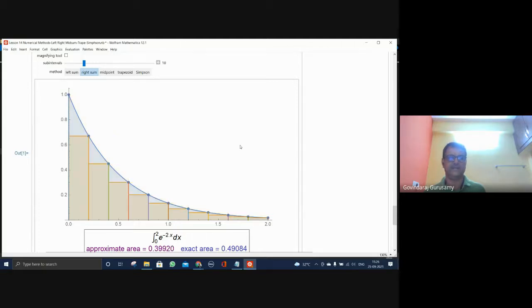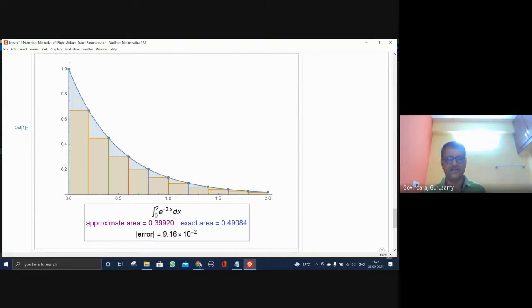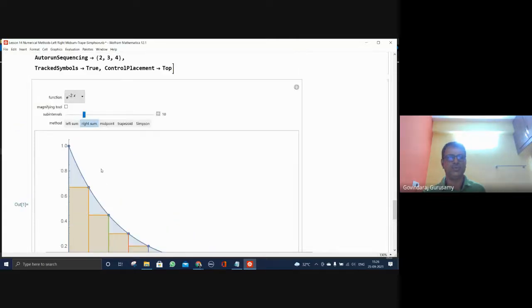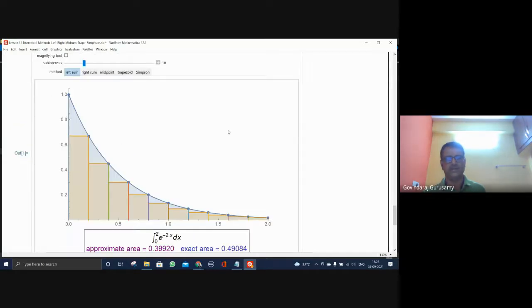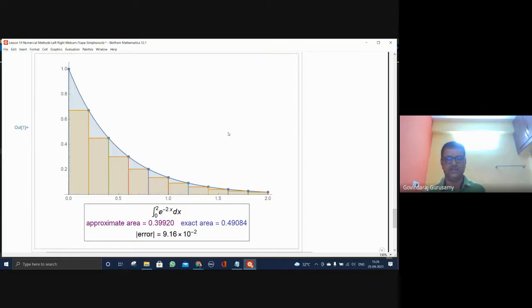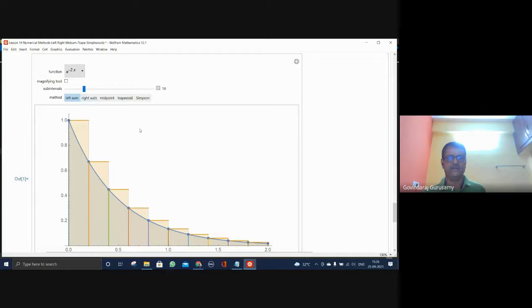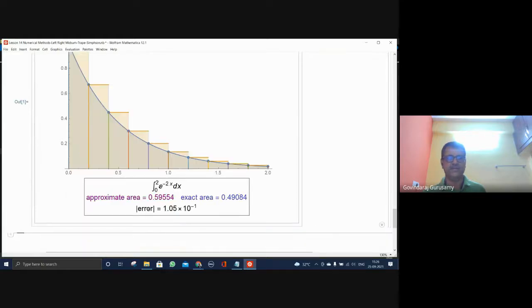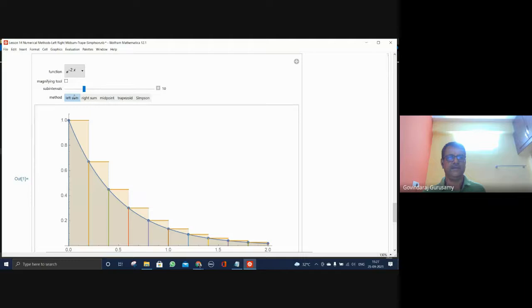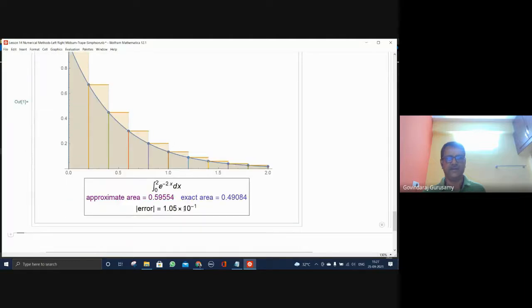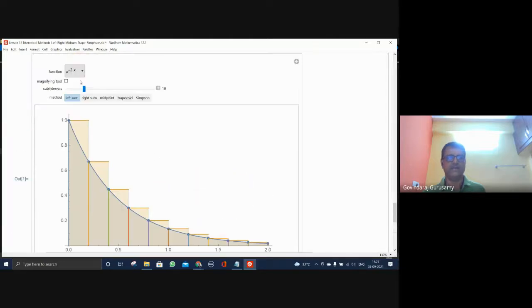Come back. So this is the error contribution. Let me see whether the error is the same. 9.16 10 to the minus 2. Is that the same? A little difference is there. I think I was in a hurry. So the left sum error is 1.05 times 10 to the minus 1 for the same number of data sets.